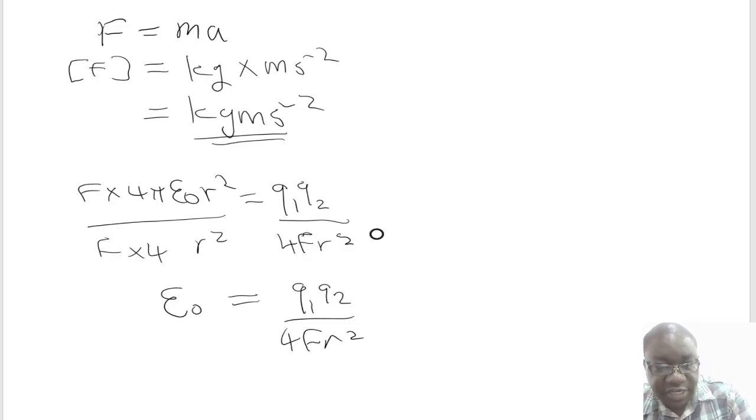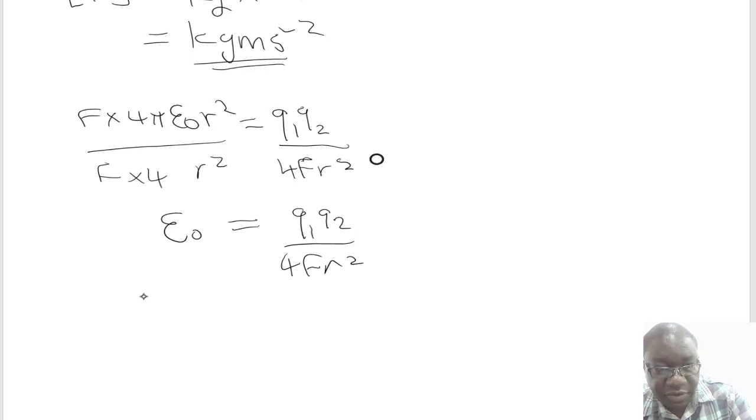And then we want to find the units of epsilon naught. So the units of epsilon naught, where the square brackets mean units of, will be equal to the units of charge squared over the units of force times r squared.